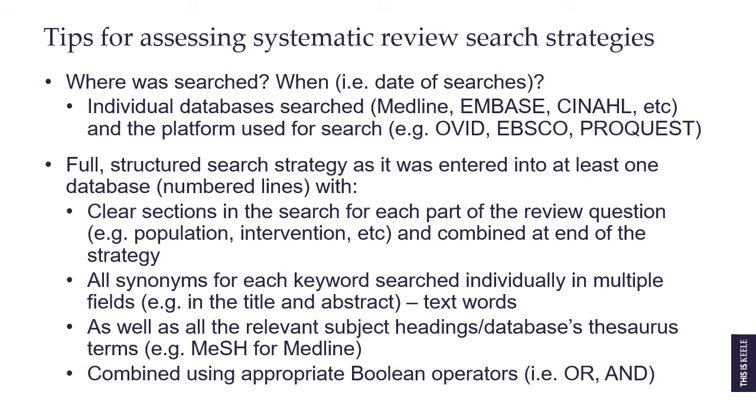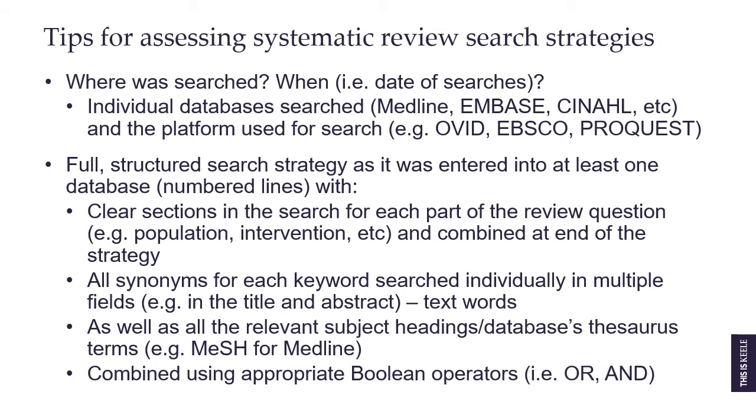There should be clear sections for each of the important parts of the review question. So there may not be one for each part of the PICO, for example, but at least the population and maybe the intervention should be used as a separate section within the search. So text word searches are needed for key terms and then all the synonyms that can be identified.